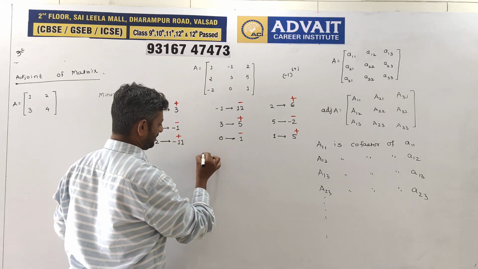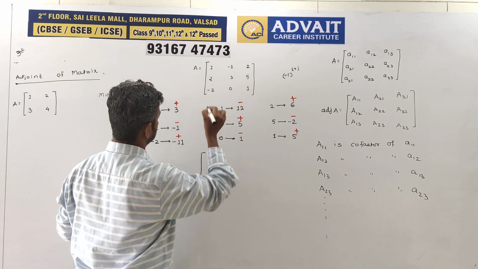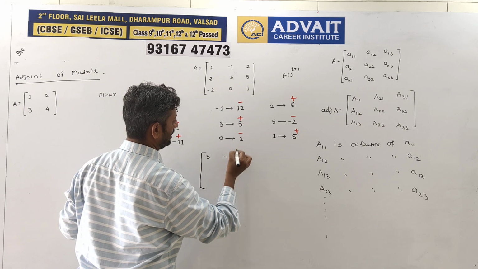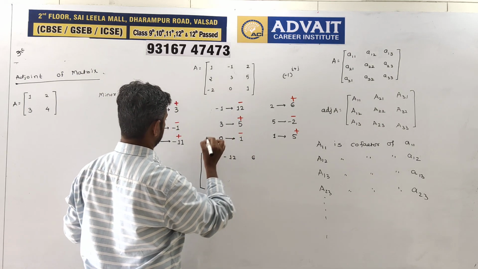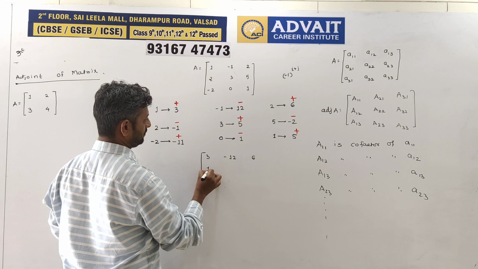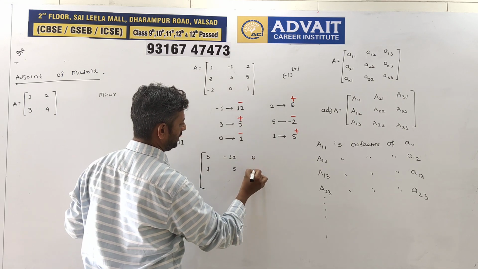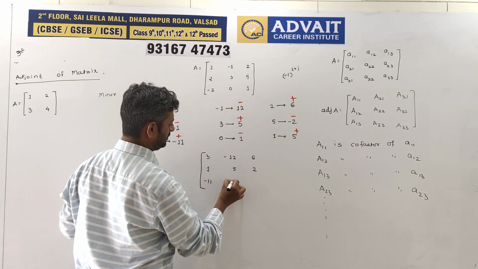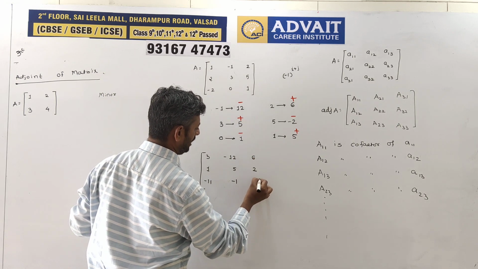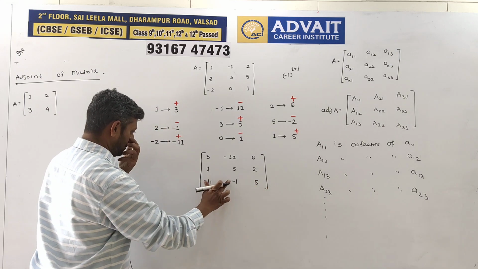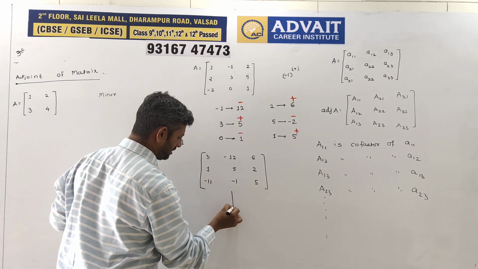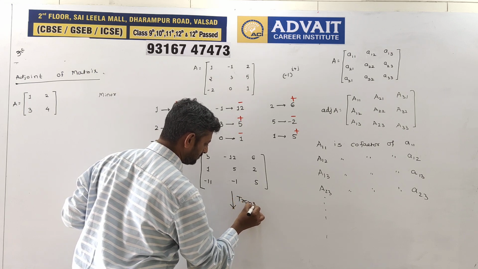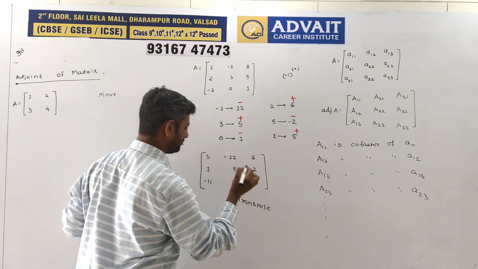Now I will write this matrix: 3, minus 12, 6, minus minus plus 1, 5, 2, minus 11, minus 1 and 5. Now we are taking the transpose.